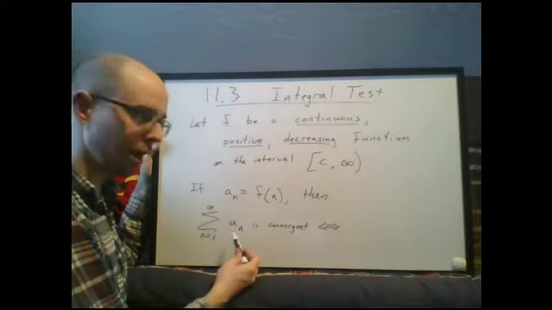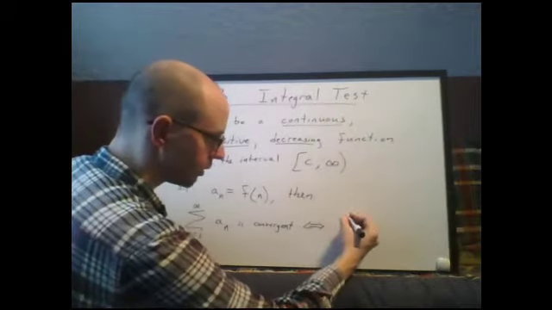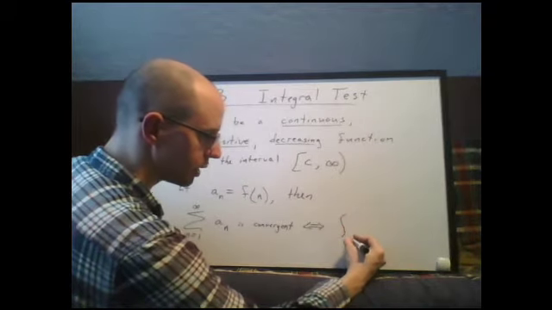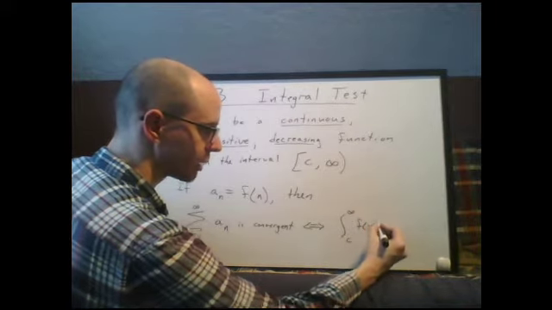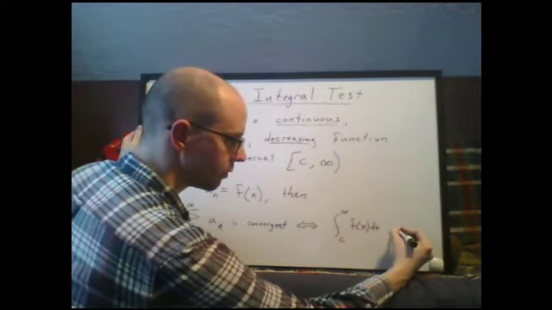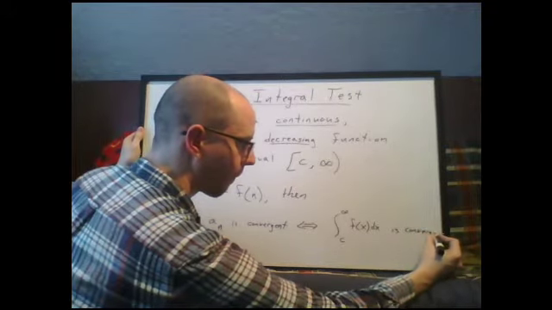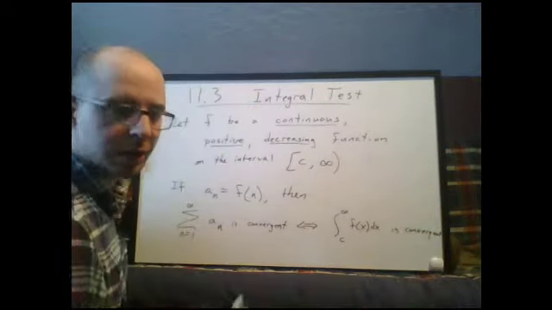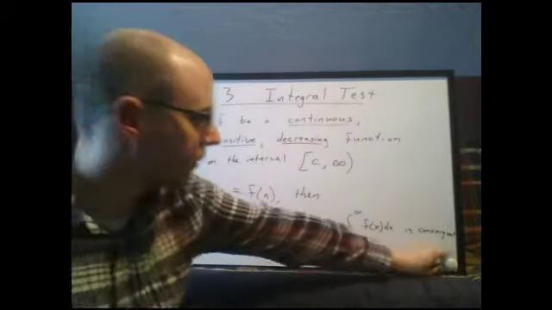So if this is convergent, then this other side will be convergent, and vice versa. So the other side is the integral from c to infinity of f of x dx is convergent.